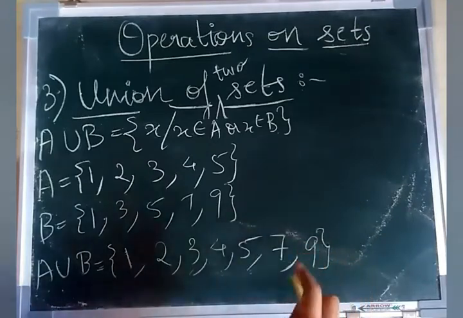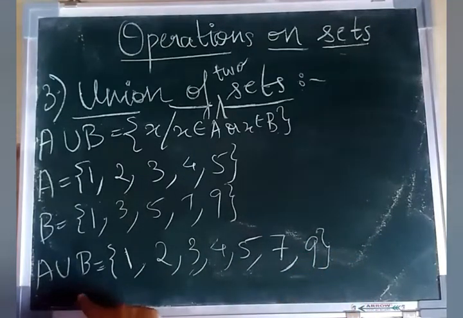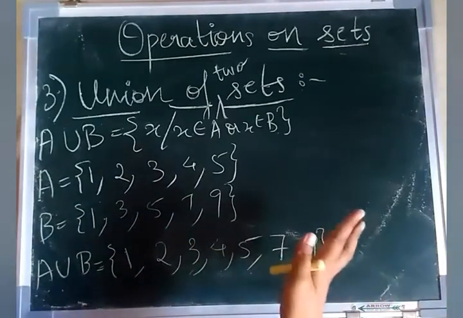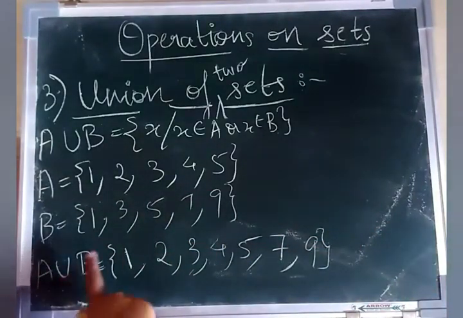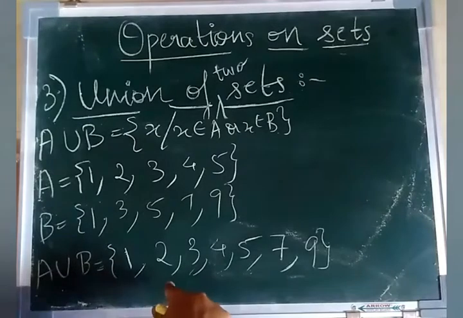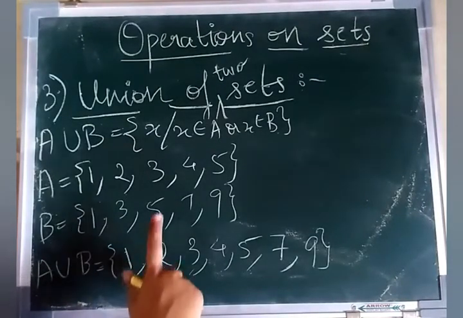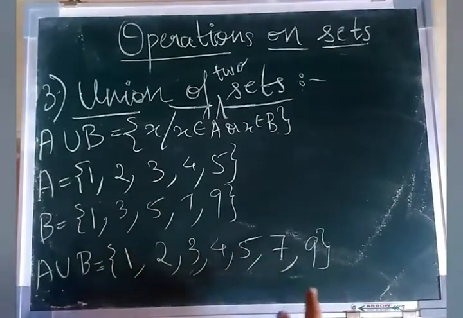Now this is the union of A and B, A union B. That means I have to list elements in both the sets all together to form a set, and that will be the union. And I have to follow a simple rule that I cannot repeat any elements. So I have to avoid writing the intersection elements twice.